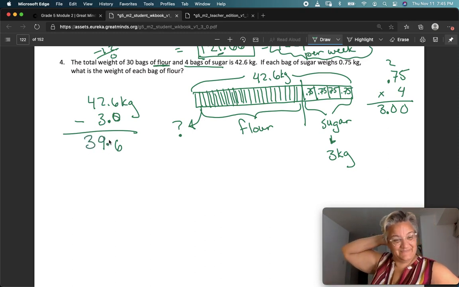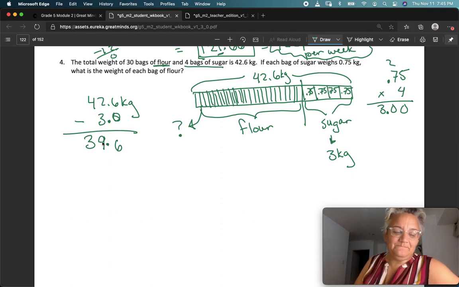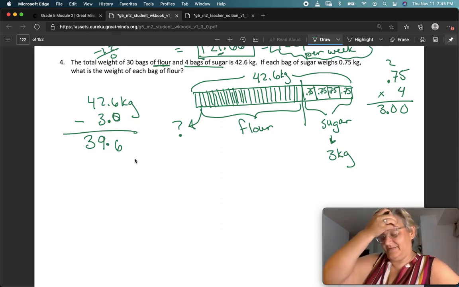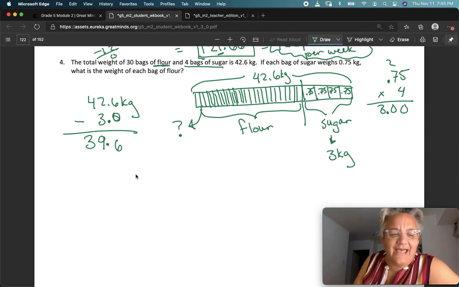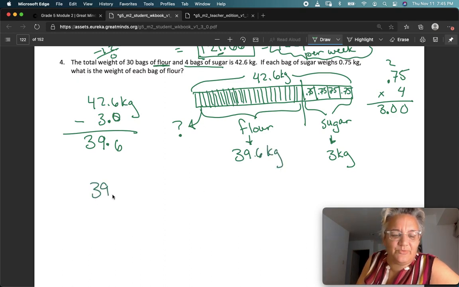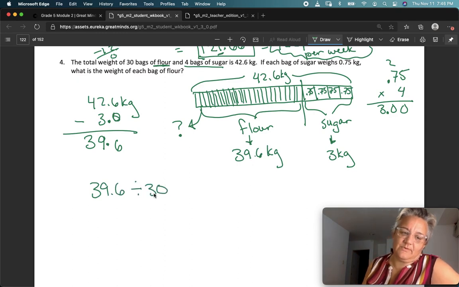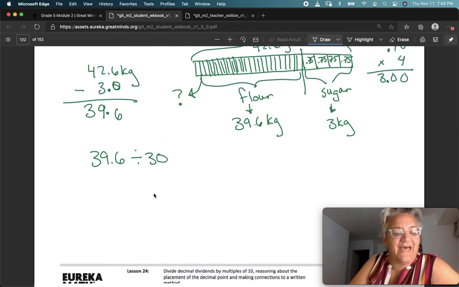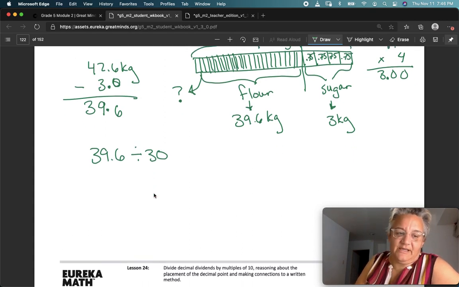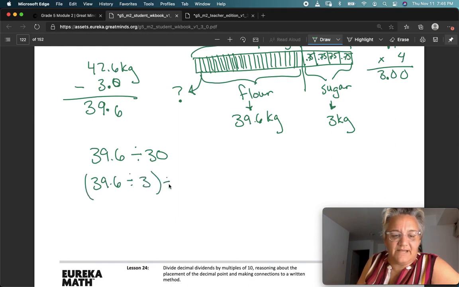Now, that is a nice number because it's all multiples of 3. I'm not sure if you noticed. So now I have this section is 39.6 kilograms, and I want to know what one of those is. So I'm going to take my 39.6 and I'm going to divide it by 30. Okay? Now, if that makes you uncomfortable, that 30, we can do 39.6 divided by 3 divided by 10.